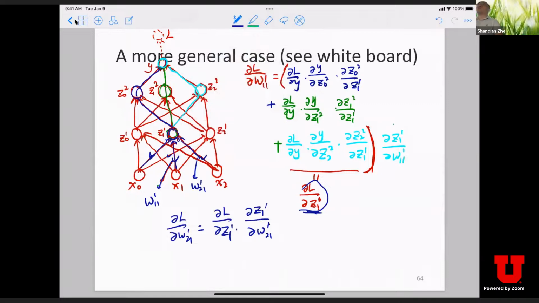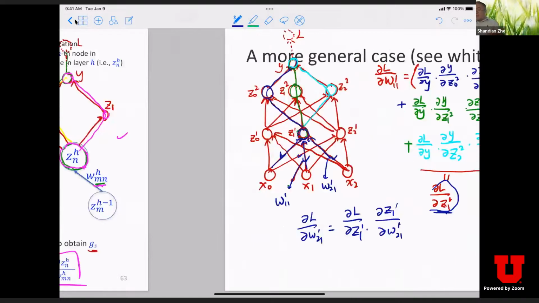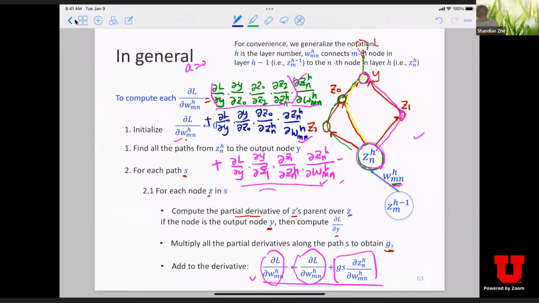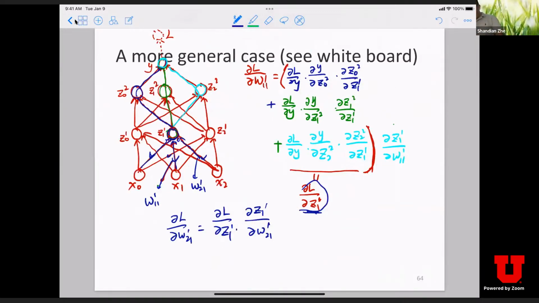Right? So if you follow this protocol, every time we apply the chain rule all the way up to the output neuron, to compute this edge weight, this edge weight, and this edge weight, you'll compute the same intermediate results three times.